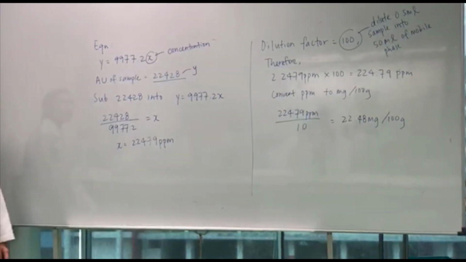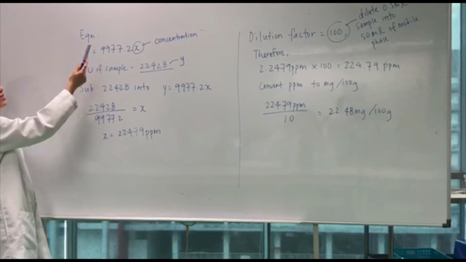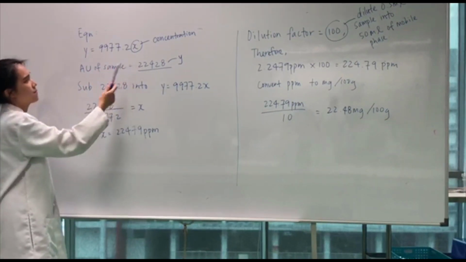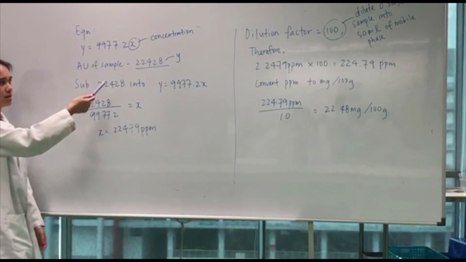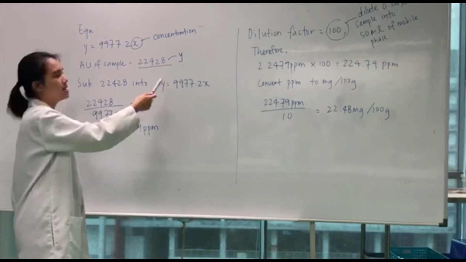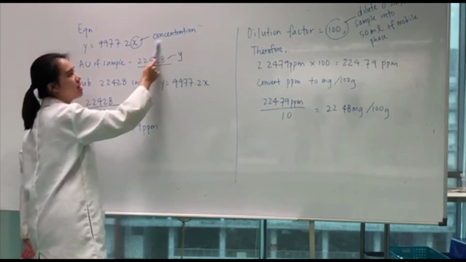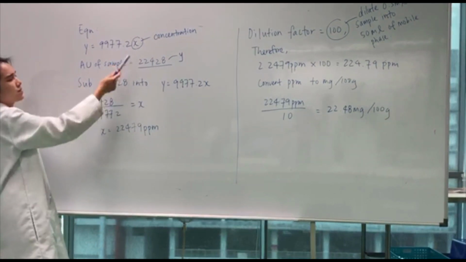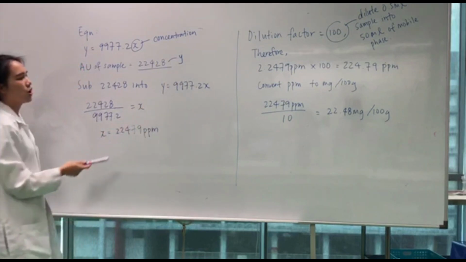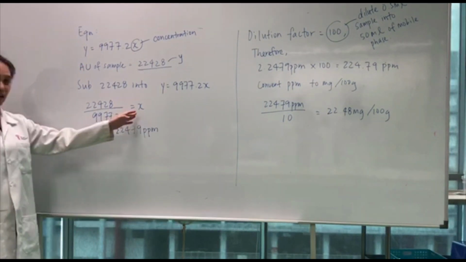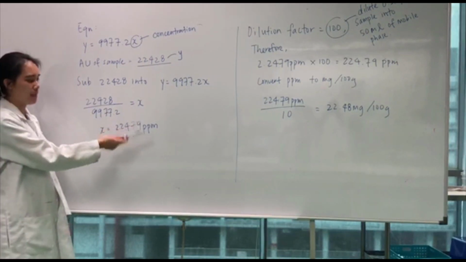Okay, from the standard curve, we know that the equation is y equals 9977.2x. And from the HPLC analysis, we know that the AU of our sample is 22428, and this is actually our y. So in order to know the concentration of our sample, which is x, we have to substitute 22428 into this equation. So our answer of concentration, which is x, will be 2.2479 ppm.